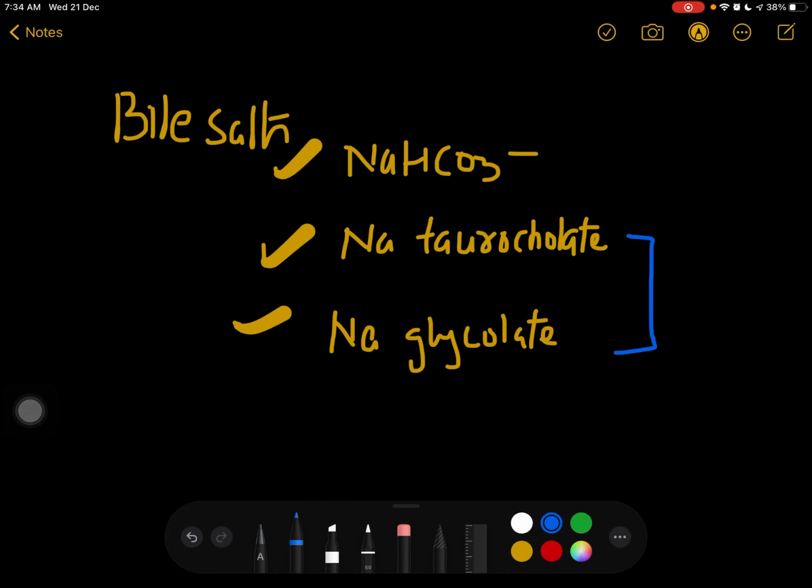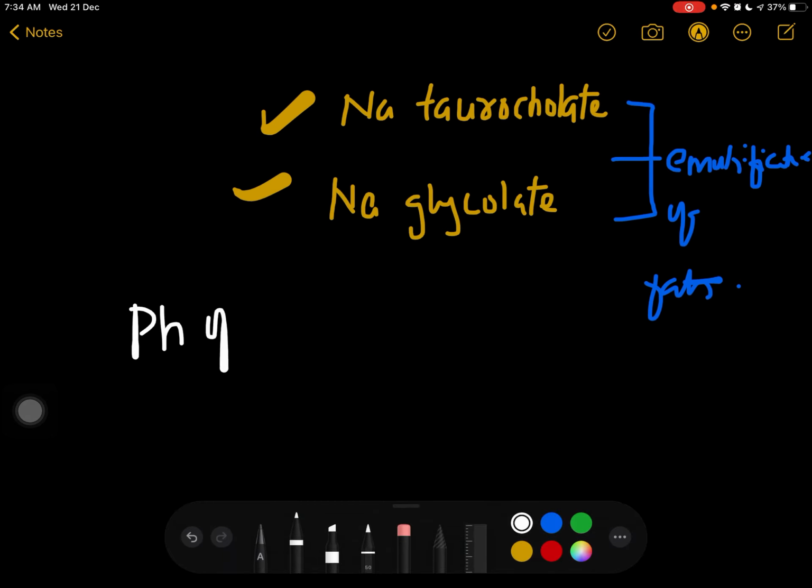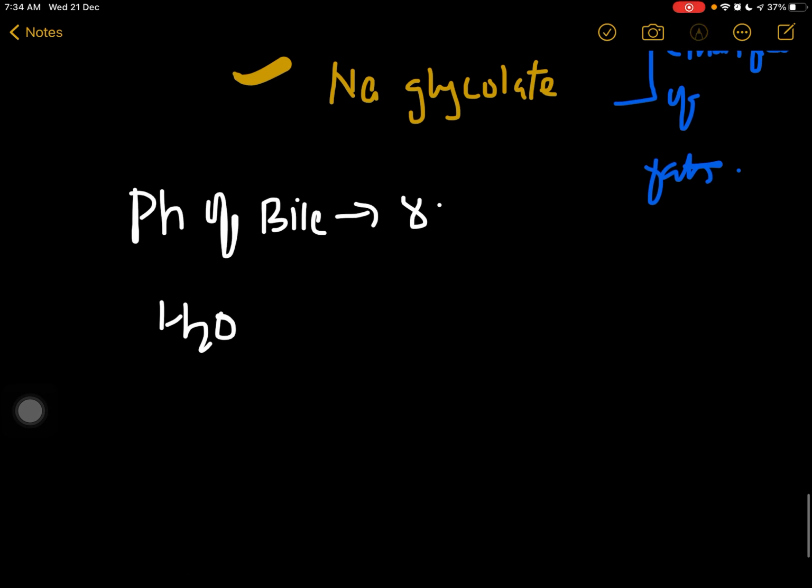Both of these salts help in emulsification of fats. These bile salts attach with fats in order to get dissolved in cell membrane. We will discuss this later in my videos, don't worry about this. Next, the pH of bile is 8.